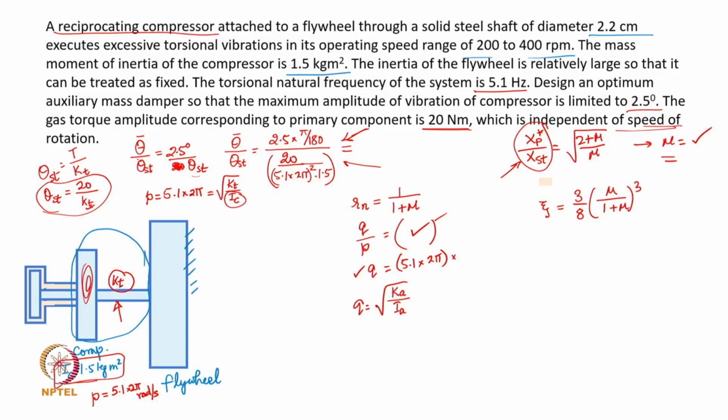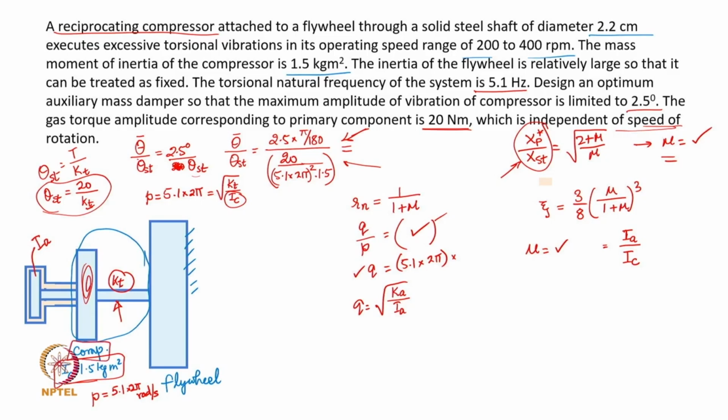What will you use now? Anything else? You have already estimated the value of mu, right? Which is what? IA over IC. Okay, so this is your absorber inertia, and this is the inertia of the compressor.